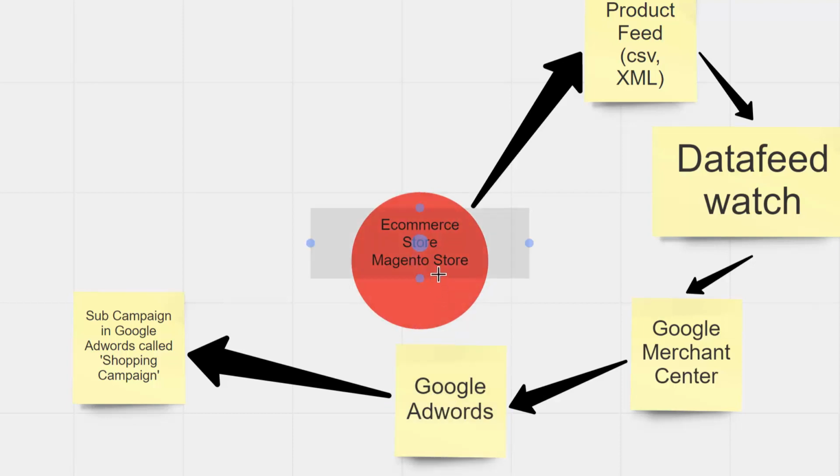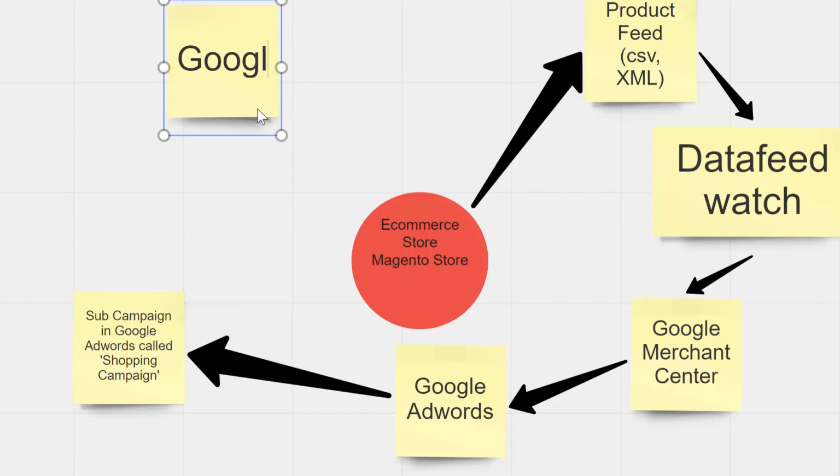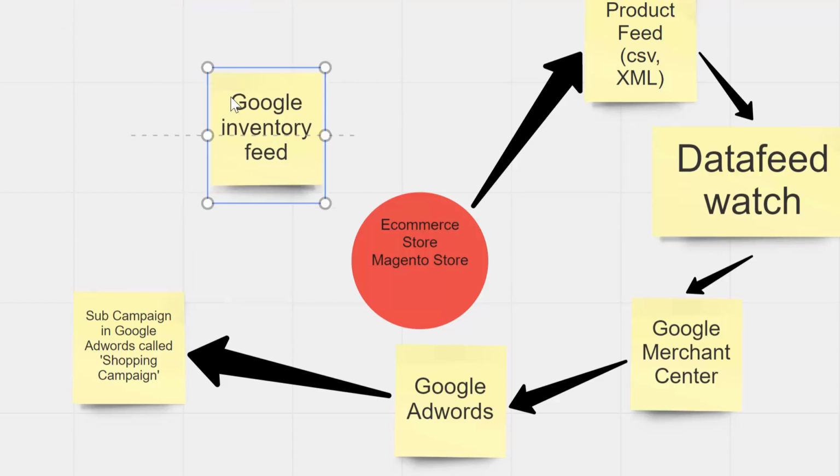In that case, what you can use is a Google inventory feed, which feeds the inventory status of the product IDs directly into Google AdWords, allowing the stock information to be updated a lot more rapidly rather than going through all this process.